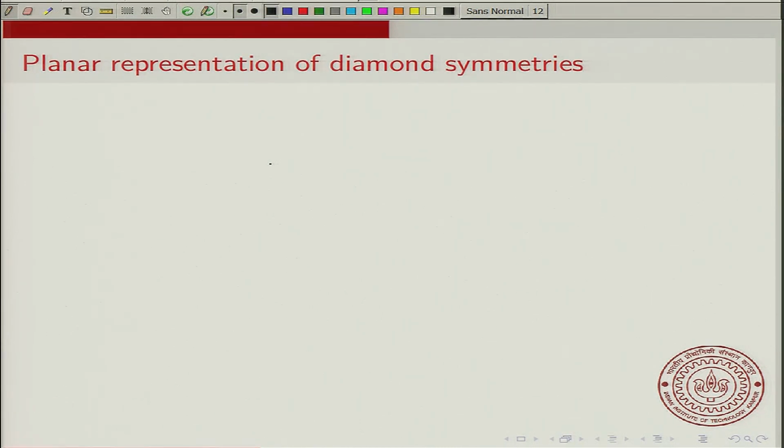Now we will talk about the planar representation of diamond symmetries. And here I want to show what the various screw axes look like. So, if you recall the planar representation of diamond, it looked like this. You had the atoms at z equal to 0.